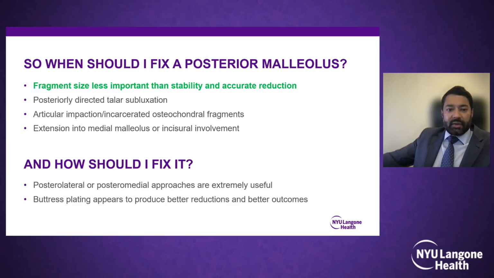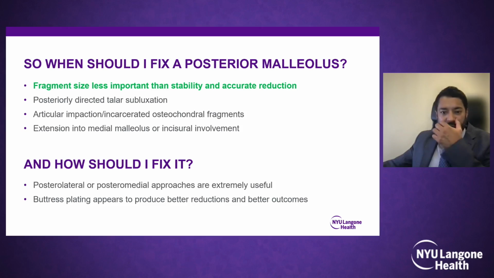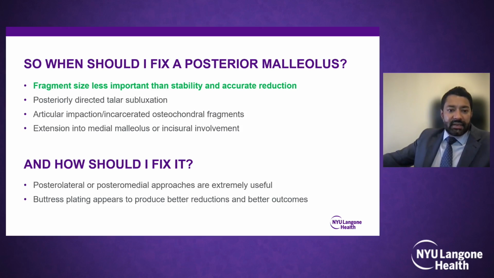Any articular impaction or incarcerated fragments should steer you towards fixing these, and extension into the medial malleolus or into the incisura as well. And when considering how to fix it, we have posteromedial and posterolateral approaches, which are very useful, and buttress plating appears to produce better clinical and radiographic outcomes.